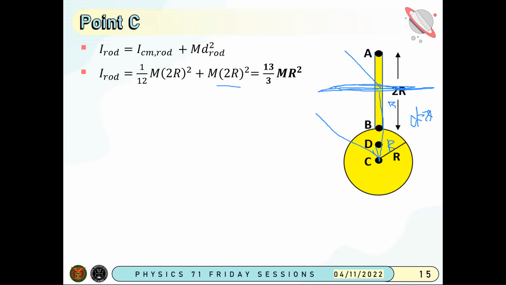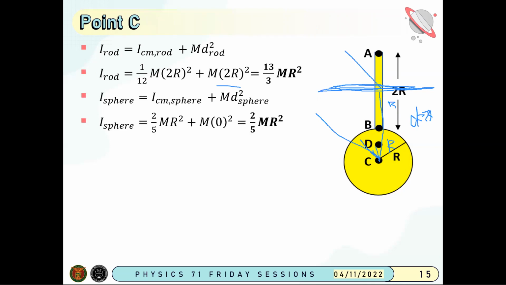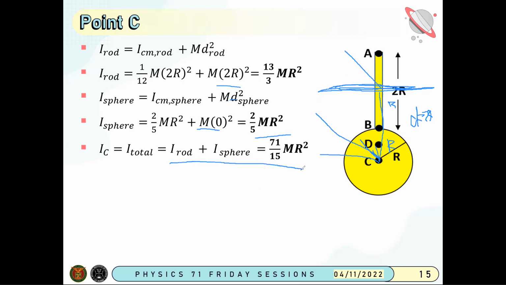Okay? For the sphere, offset ba siya? Hindi naman. So, you just use as it is. So distance ng offset nito ay 0 kasi hindi mo naman kailangan mag-parallel axis theorem. It's just as it is, 2/5 mr squared. And so yung total moment of inertia sa point C ay yung I rod plus I sphere, which is just 71/15.